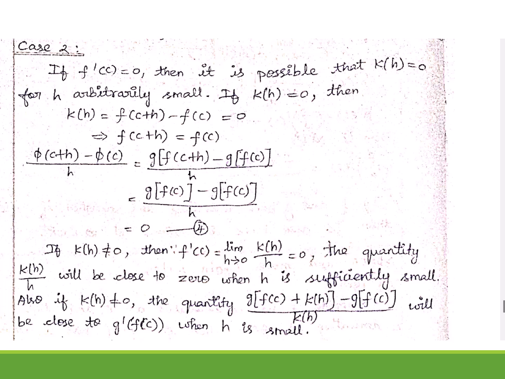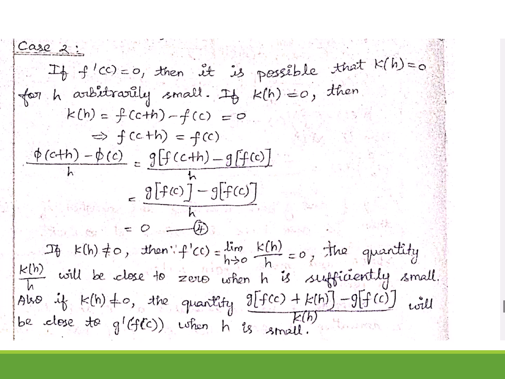Therefore f(c plus h) equals f(c). Then φ(c plus h) minus φ(c) divided by h equals g(f(c) plus h) minus g(f(c)) divided by h. Taking the limit as h tends to 0, the value is 0.